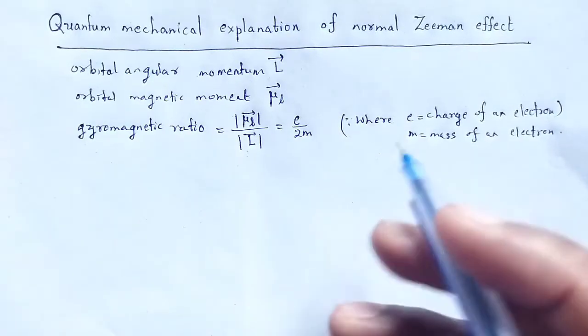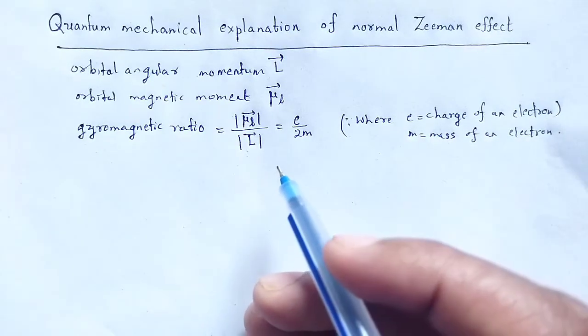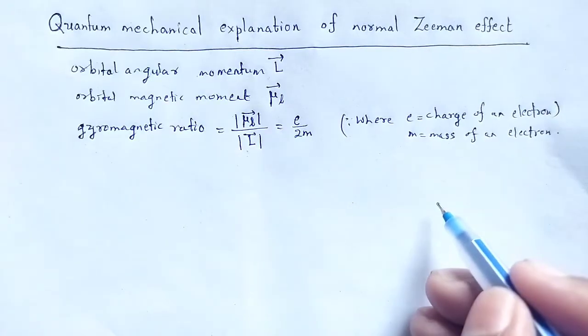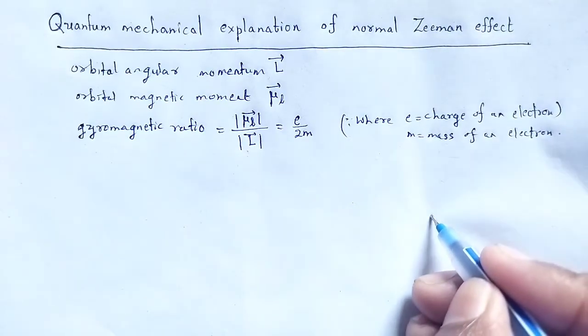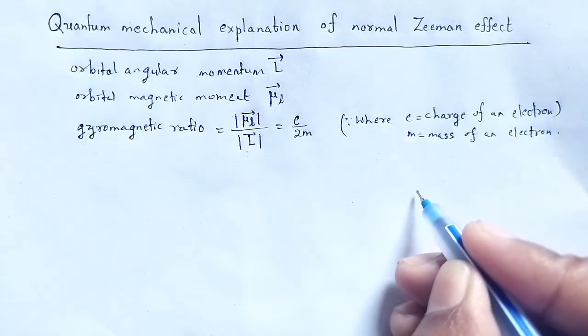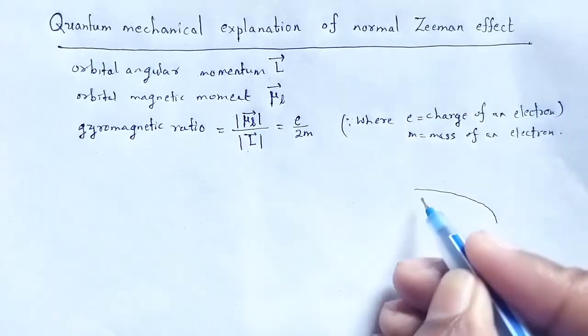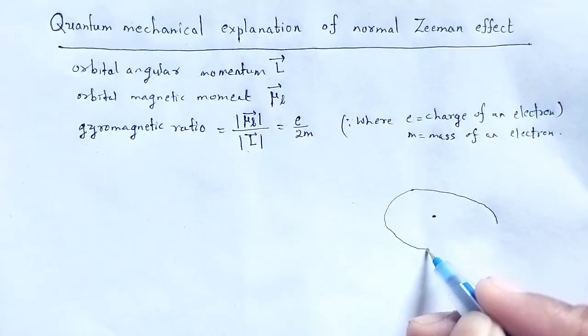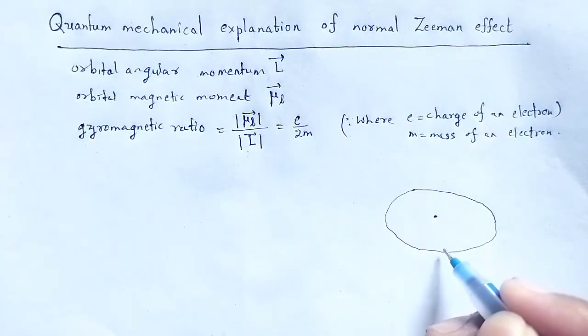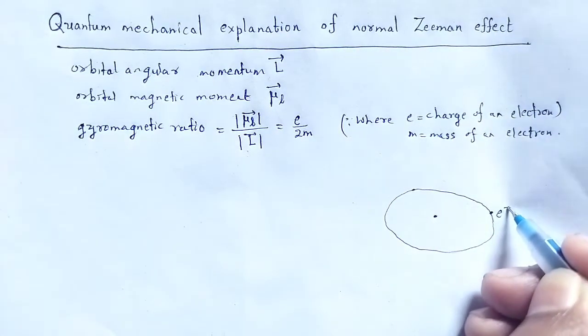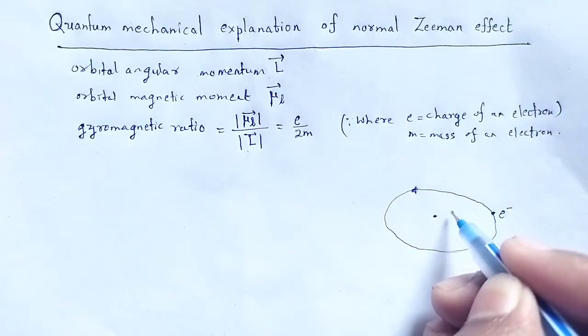We have already discussed this figure in the vector atom model, but just overlook it. That is the nucleus of an atom, and the electron is revolving around the nucleus.